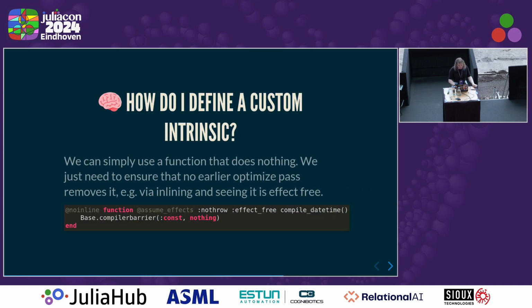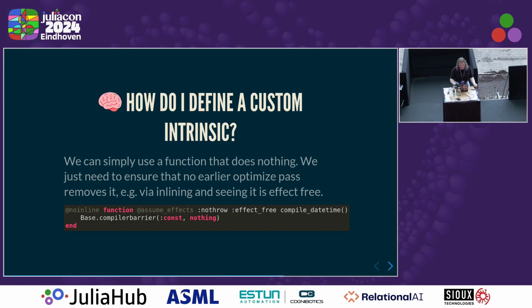To insert a custom intrinsic, we basically want to create a function that has no real effect, but that definitely ends up in the code that we're going to observe. To do this, we need to turn off inlining, so we know inline it. Otherwise, it could be inlined away, and we wouldn't be able to identify it during our pass.